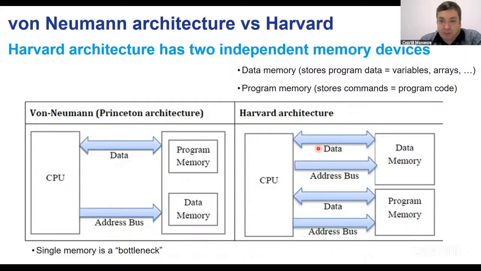This gives us parallelism. We can read the instruction, what to do, and the data, with what to do, in one single CPU clock.